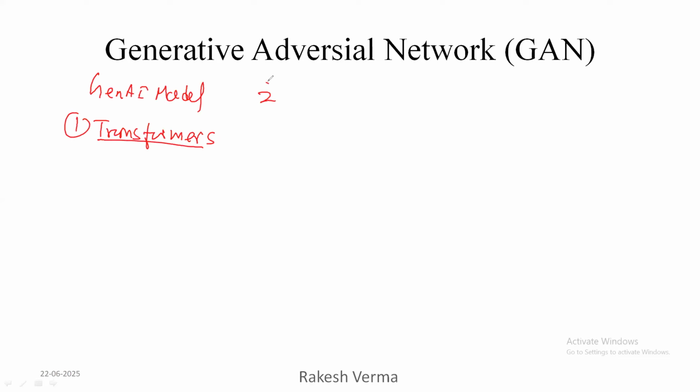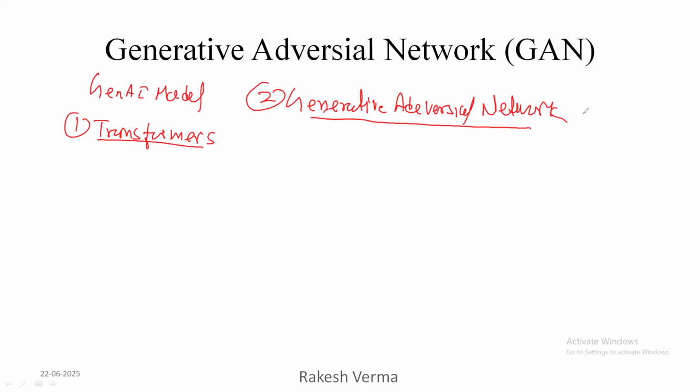The second category we have discussed is the generative adversarial network. So what is a generative adversarial network? That is called a GAN. So I told you about a real-time application.